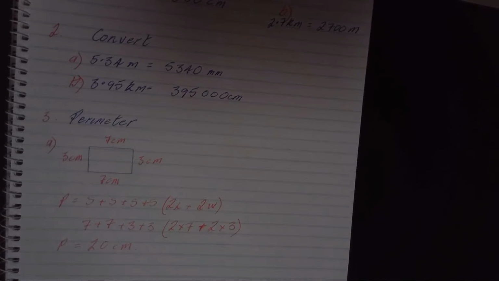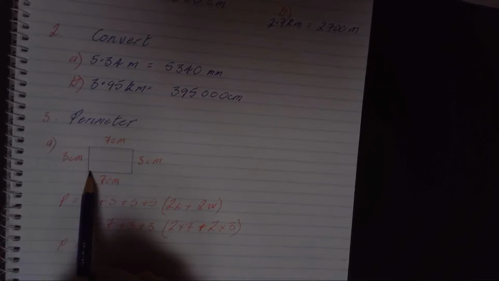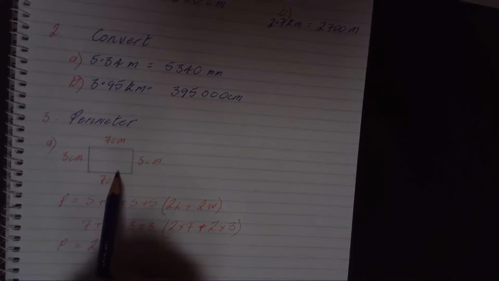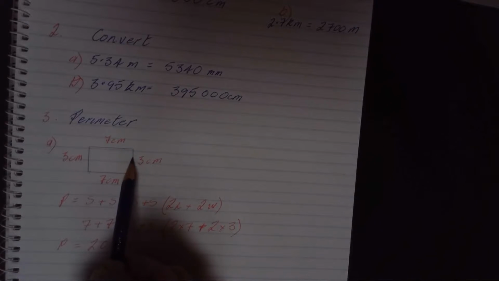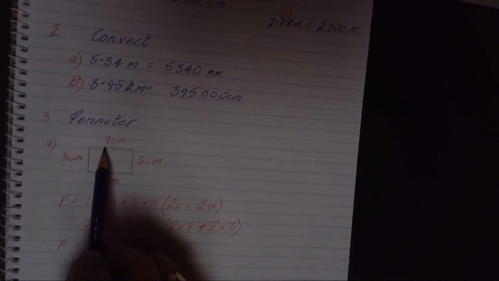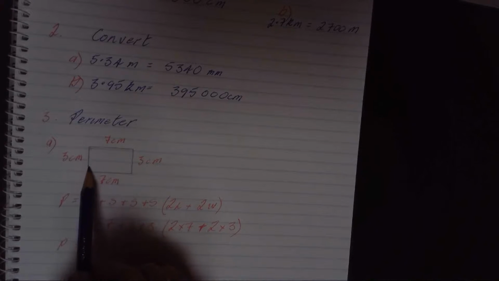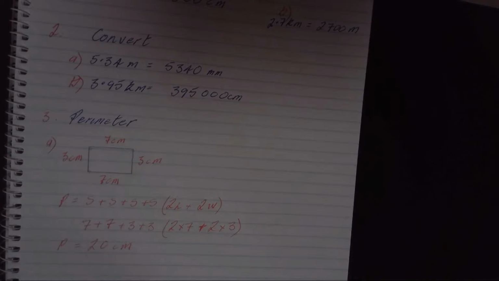Which means if I was an ant and I started here, I was going to walk the whole way around the outside edge. I'd walk all the way up there, then up to there, back across here, then back down here, and I would have walked 20 centimetres.